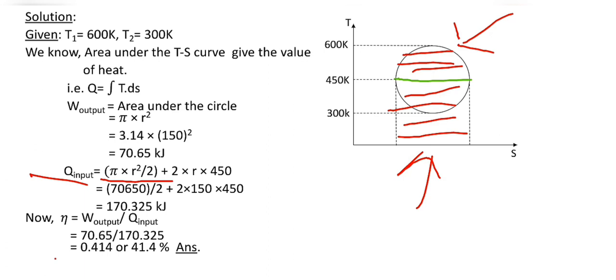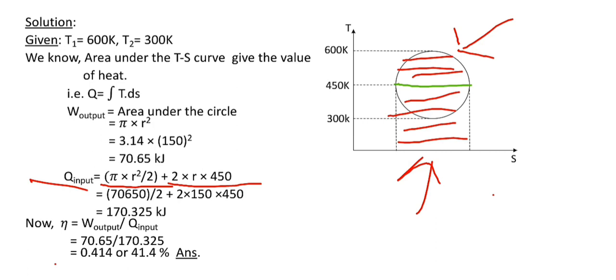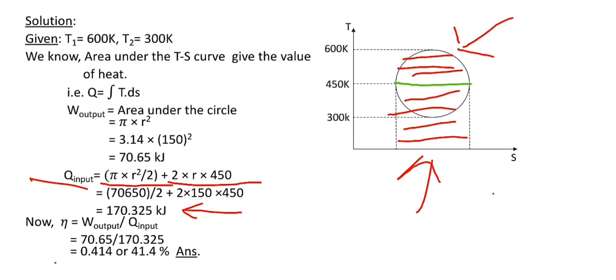So the area is 2 times r times 450, and after putting in all these values, we get the heat input as 170.325 kilojoule. Here we have found the value of heat input and our work output.